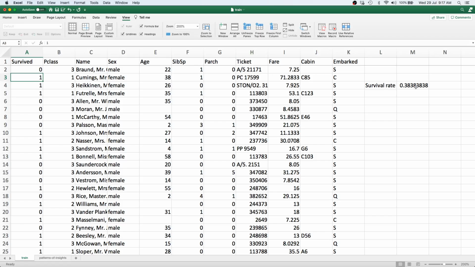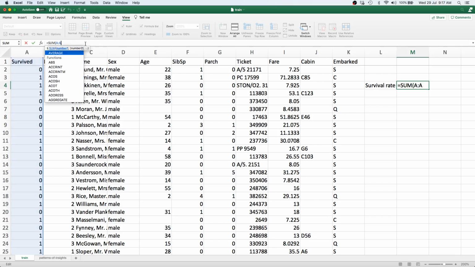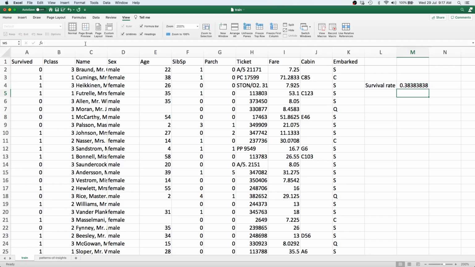So instead of using this particular somewhat convoluted formula, we can simply replace it with average. So we can simply say average of A by A, and that gives us the same value, and that's a good proxy to have because average is a formula that we are familiar with and it avoids us writing a complicated formula.